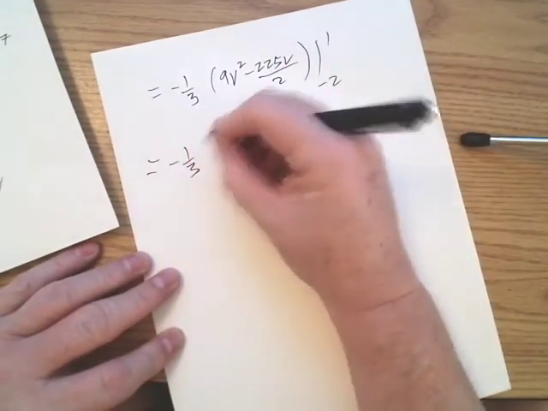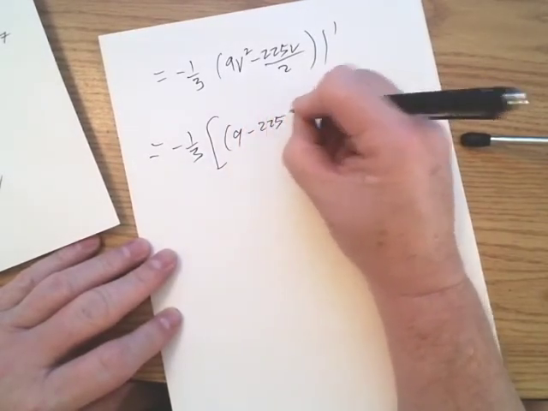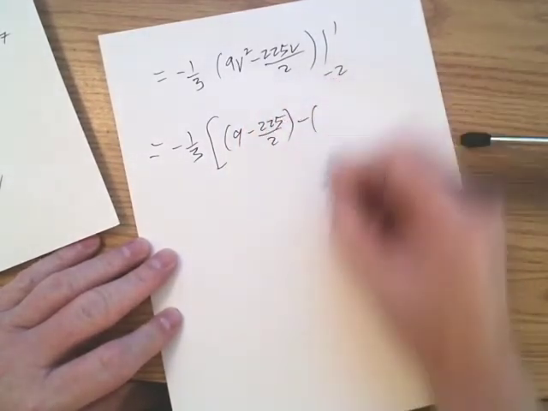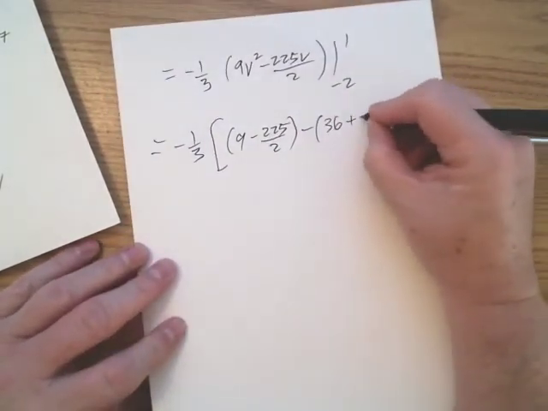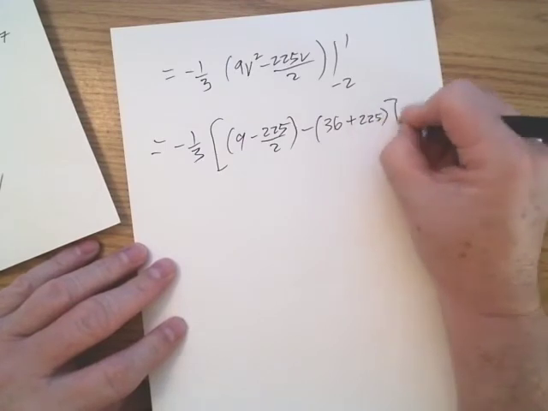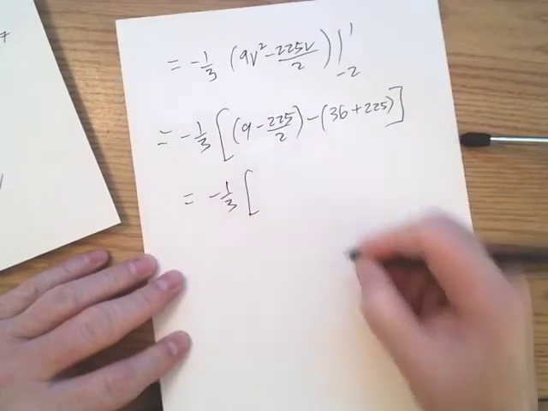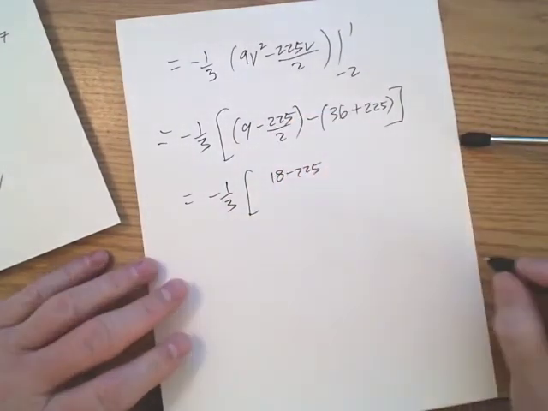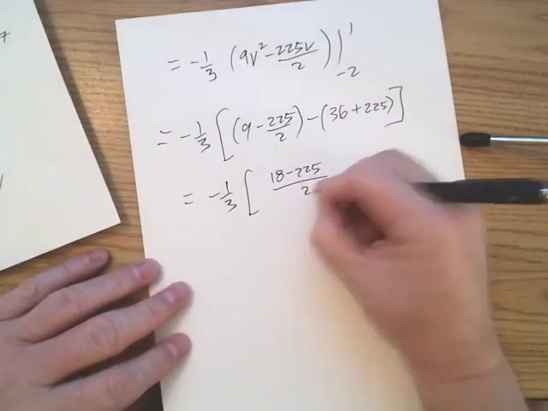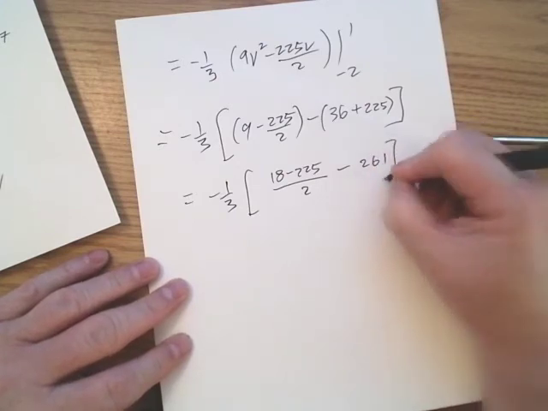So that's negative 1/3. Evaluate at 1, we get 9 minus 225 over 2. Evaluate at negative 2, 36 plus 225. Okay. Negative 1/3. That would be 18 minus 225 all over 2 minus 261. Okay.